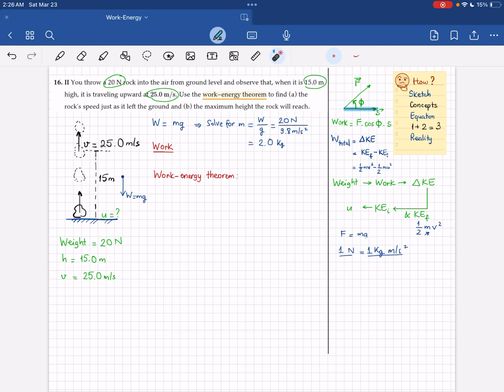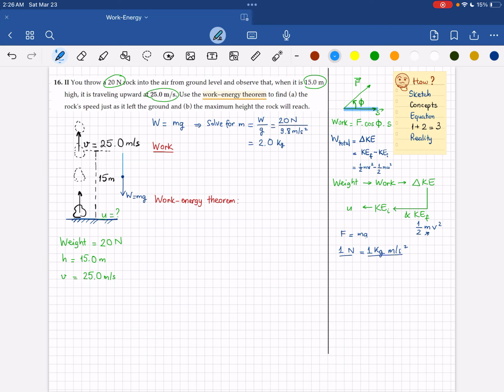Now let's get back to the work. Maybe I will move everything down a little bit. Okay, next is the work done by gravity. We got the gravity already, and what is the displacement? It travels upward, right?